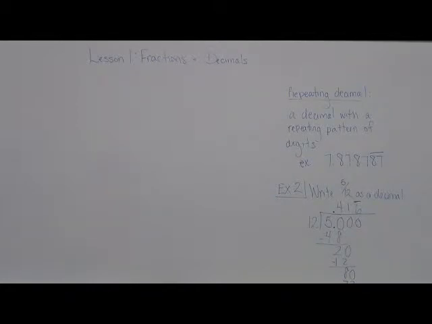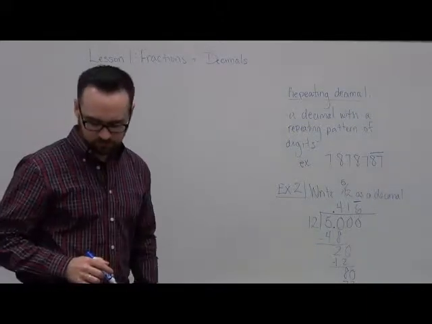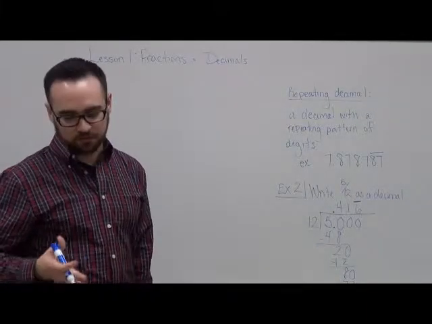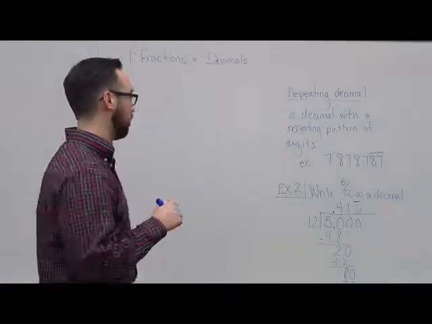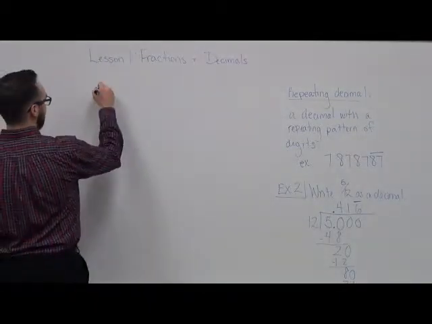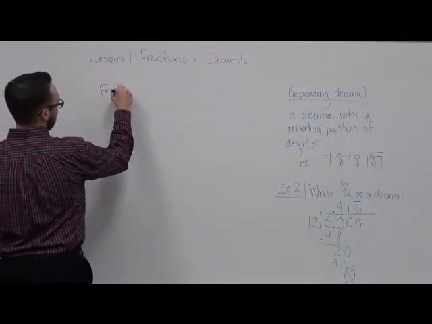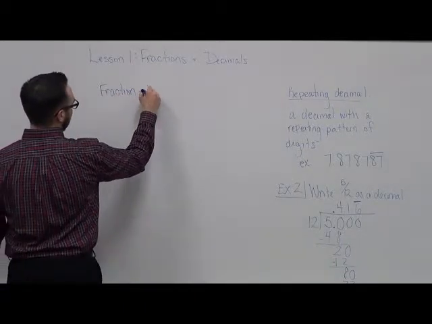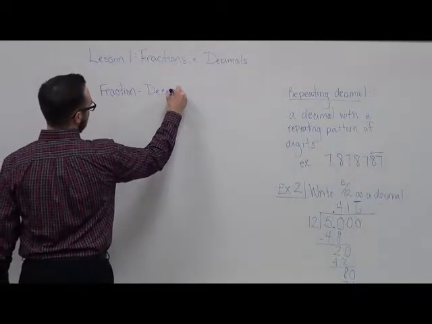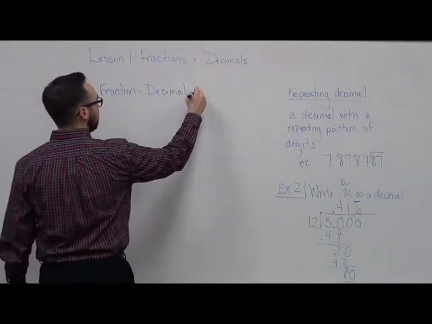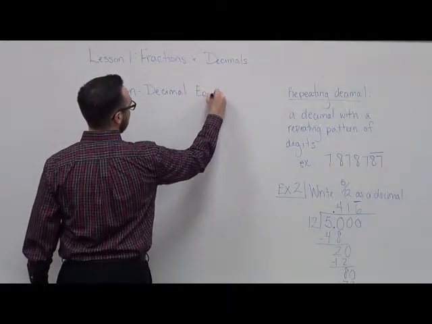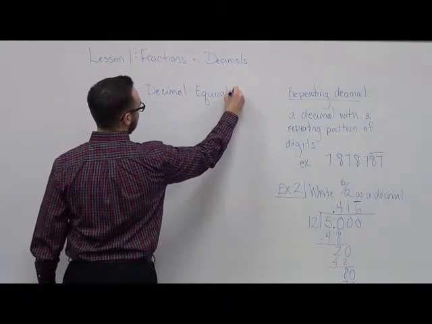Alright, so moving on, I do want to give you a brief summary of some fractions. So these are some fraction decimal equivalents that you should know and that you'll want to memorize. So, fraction decimal equivalents.